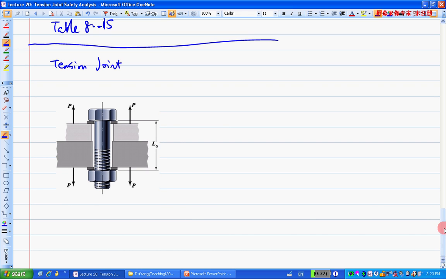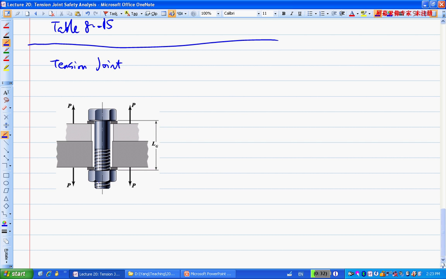For this particular tension joint, it's probably part of a pressure vessel, and there is some internal pressure P trying to pull this tension joint apart. Of course, the bolt here is clamping it properly.